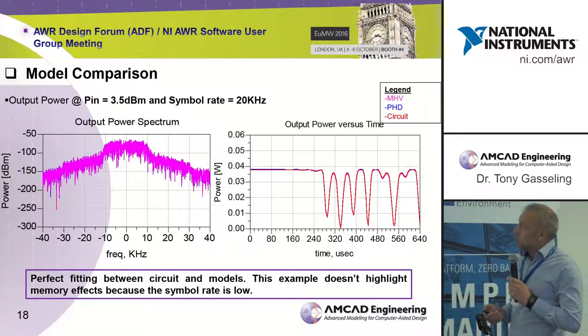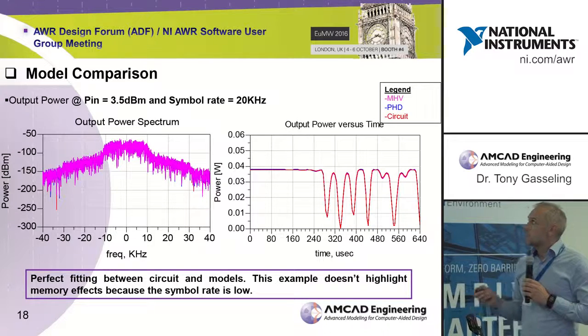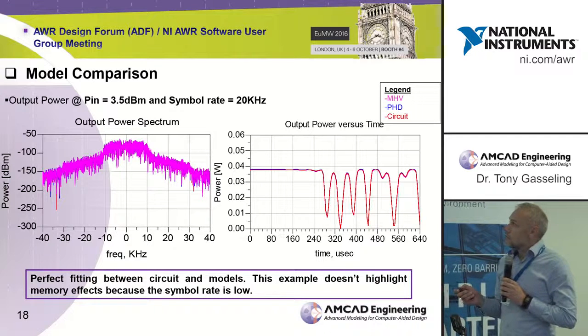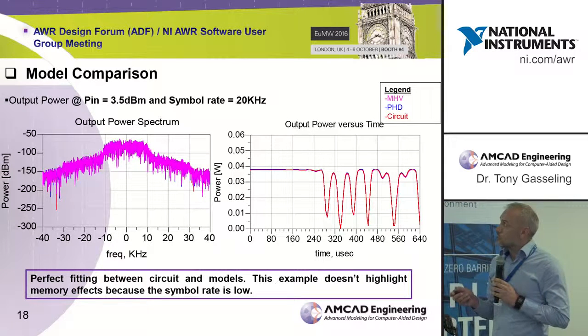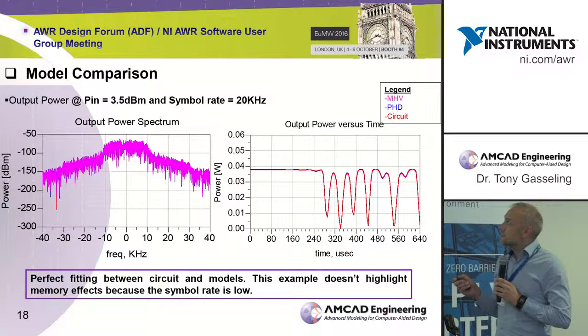So let's start with a low symbol rate, 20 kilohertz, for example. We can see that with such a low symbol rate, the reference response is a circuit simulation. But if we are using the two behavior models here, the PHD or the MHV, we can observe the response in time domain and we cannot see any difference.